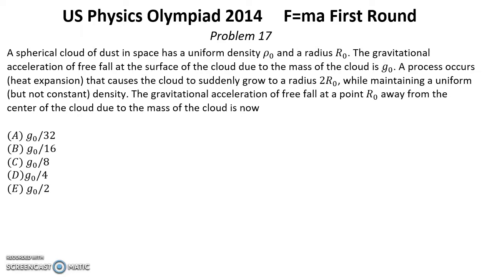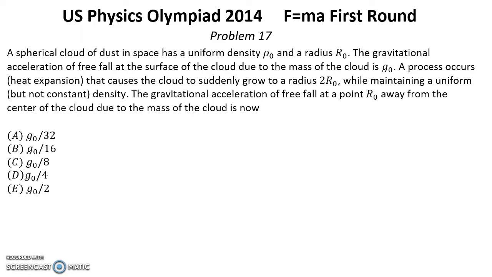A process occurs, heat expansion, that causes the cloud to suddenly grow to a radius 2r0 while maintaining a uniform but not constant density. The gravitational acceleration of free fall at a point r0 away from the center of the cloud due to the mass of the cloud is now what?